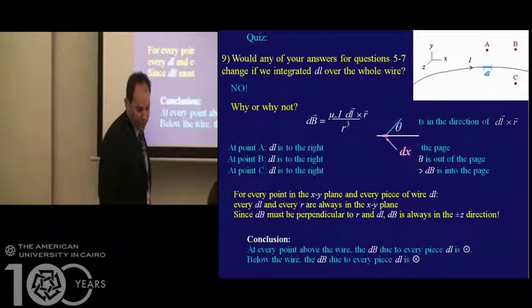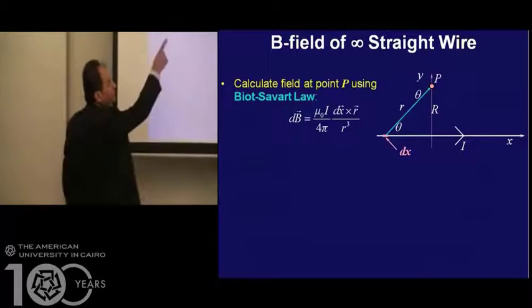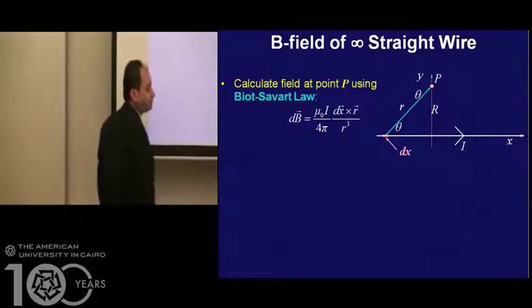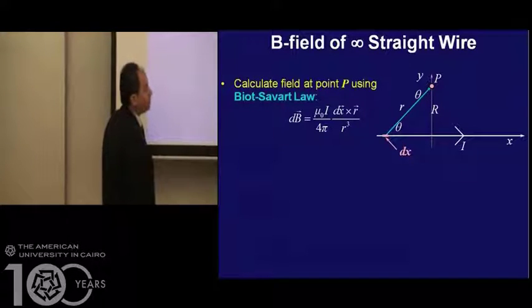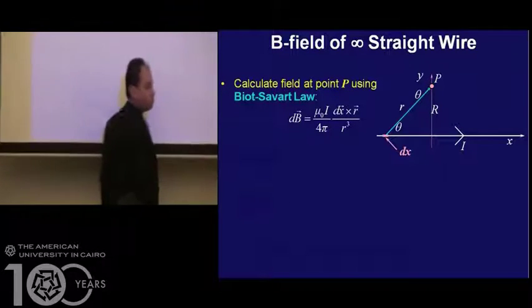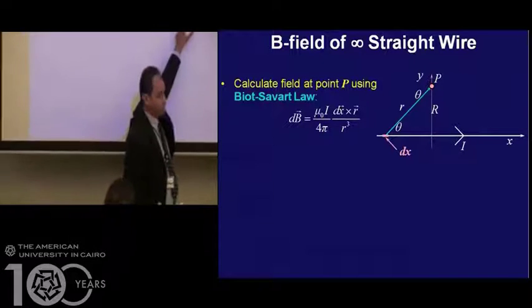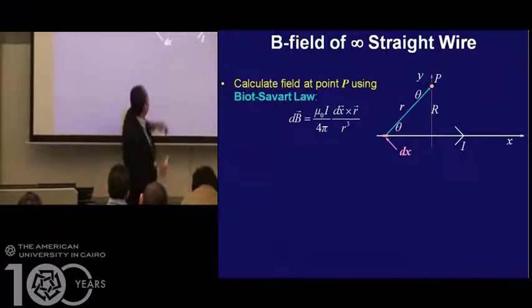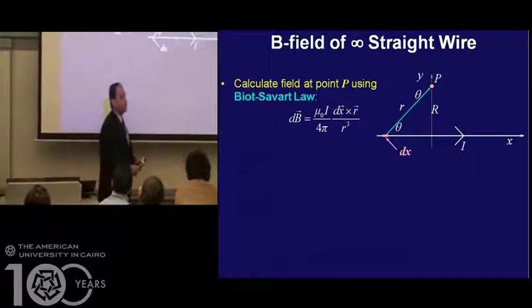Now, let's calculate the magnetic field from a straight infinite wire. So we have a wire that's infinite, and we need to find the magnetic field from that wire. So what to do? Simply, I'm going to divide that wire into small components. That's the pinkish component, a small part of the wire that has a length of dx, and that's at a distance small r from the point that we're trying to calculate the magnetic field at.